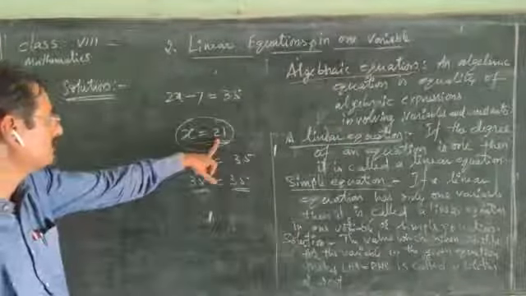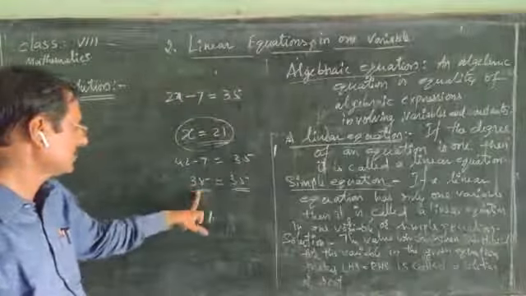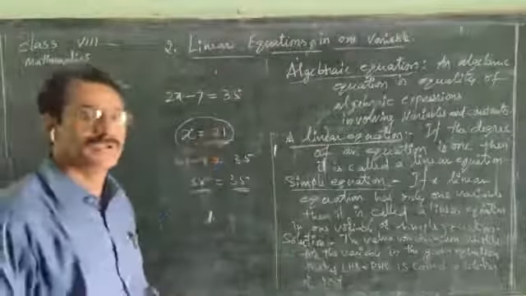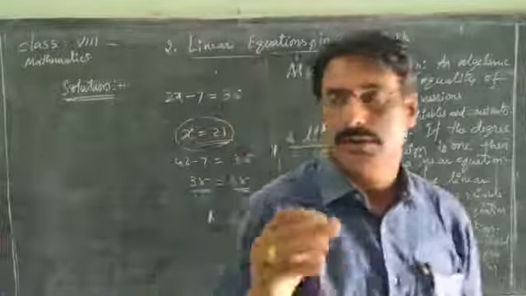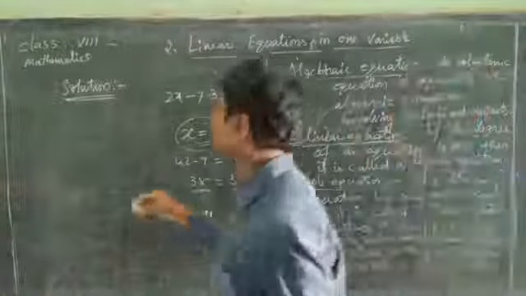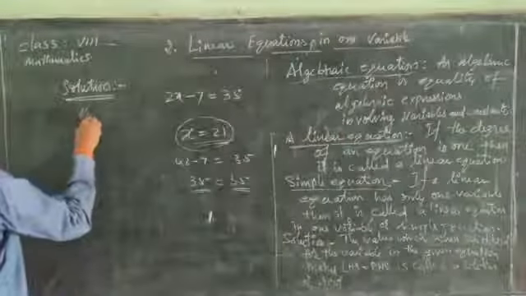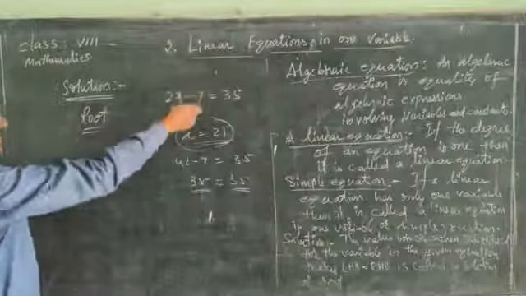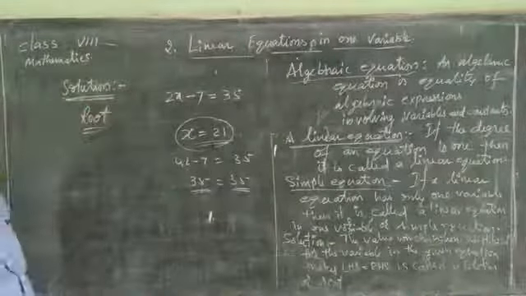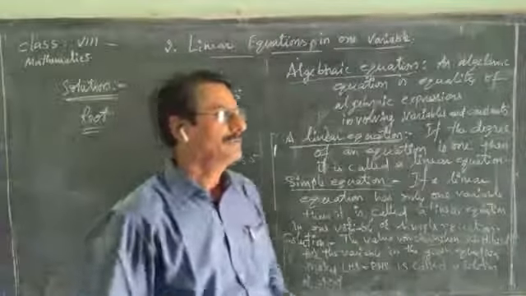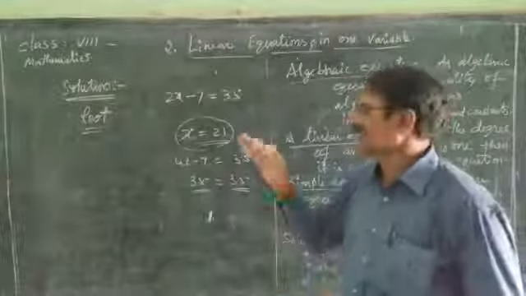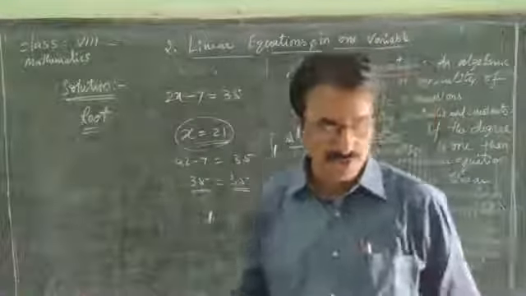This value makes the equation LHS equal to RHS, so that value is called the solution of the equation, or root of the equation. Another name for the solution is a root. So the value we get for x in the equation is called a solution.